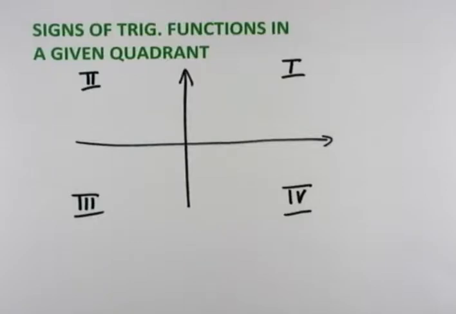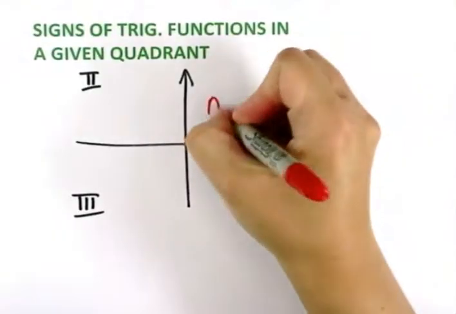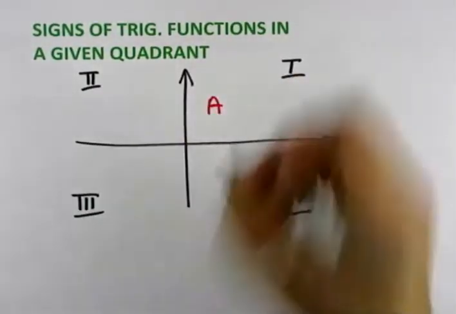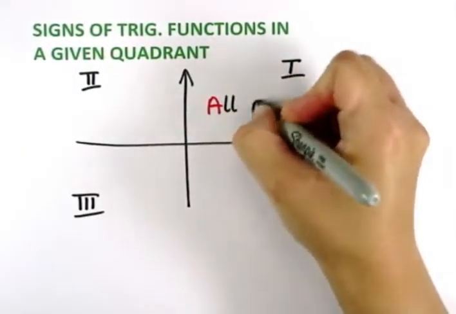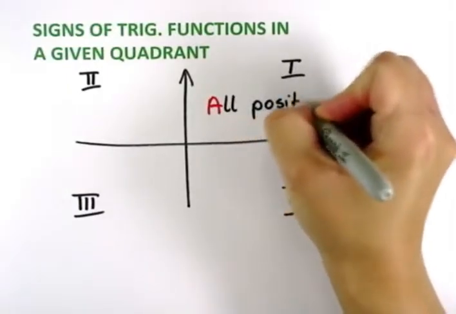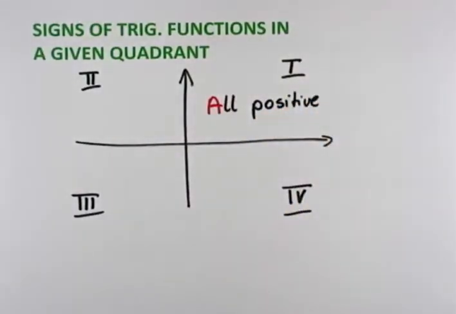Now, in the first quadrant, all trigonometric functions are positive. So I'm going to write this, that all are positive. That is, sine is positive, cosine is positive, tangent is positive, and the reciprocals of them.